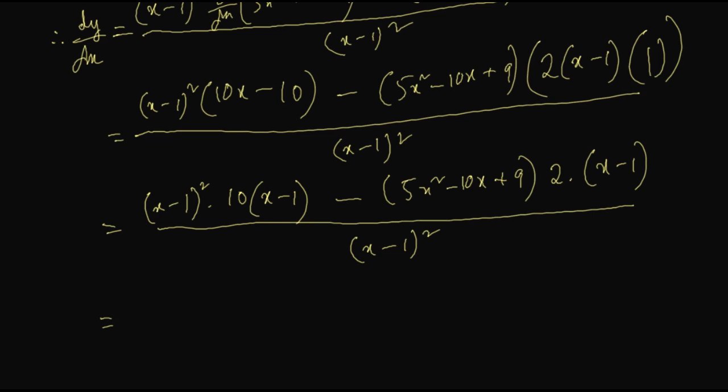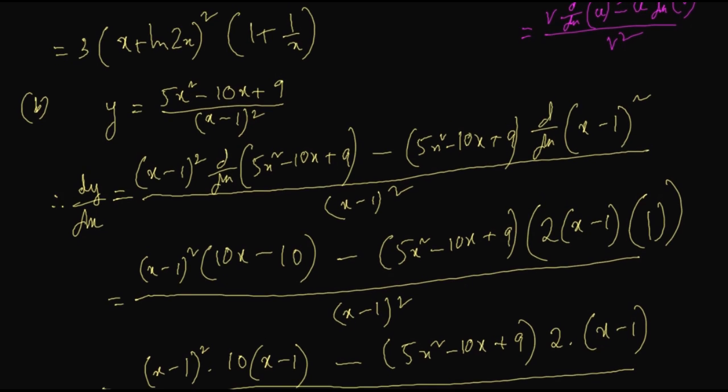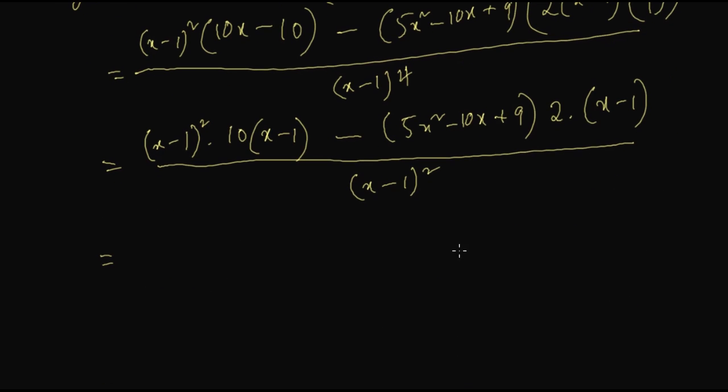Now, one thing, I think I made a mistake. X minus 1 whole squared means this is going to be x minus 1 whole squared whole squared. So there is going to be a whole square here because it is v square. So this will be x minus 1 to the power 4.